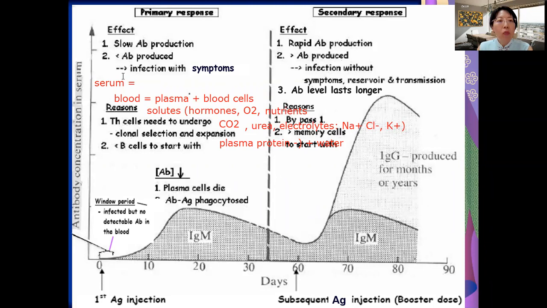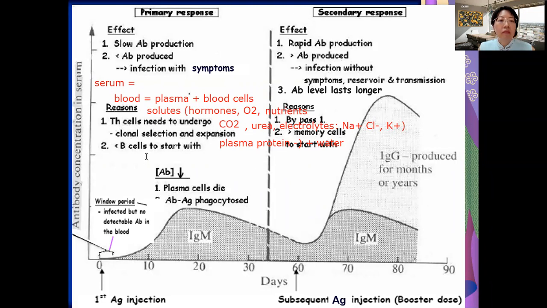Okay? So where does serum come from? If serum is in the blood, serum is which part of the blood? Chu Jiaying. Serum is which part of the blood? The plasma, is it? Yes, the plasma. But minus one thing from the plasma is called serum.